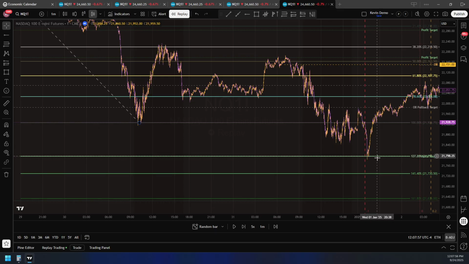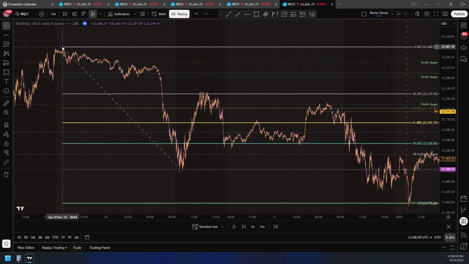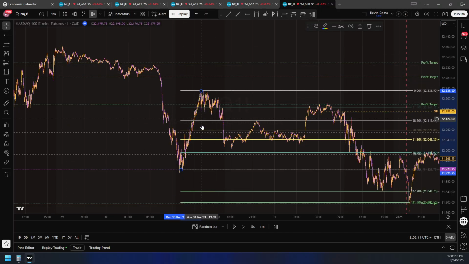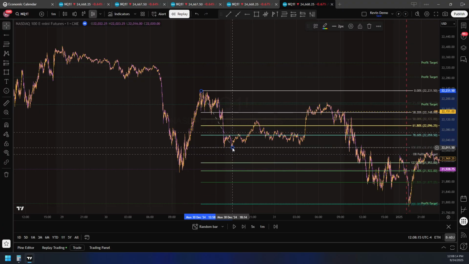We get a profit target of 127, and then we ended up hitting it the next session. Now for an immediate target that we would hit during the session, let's see. So we go from this swing high to this swing low. Okay, there we go. Yeah, we hit all those. Beautiful. Okay.